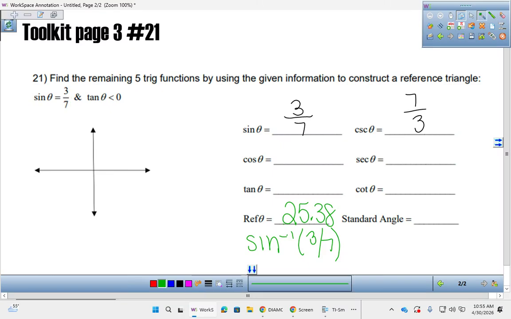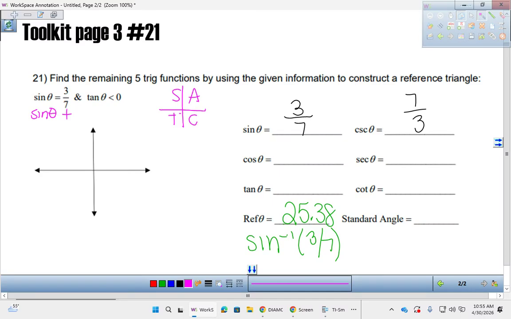This is where all students take calc comes in. I'm going to just jot this up here. All students take calc. Sine of theta is 3/7. Sine of theta is positive, right? 3/7 is a positive number. Where is sine positive? Which two quadrants? 1 and 2.